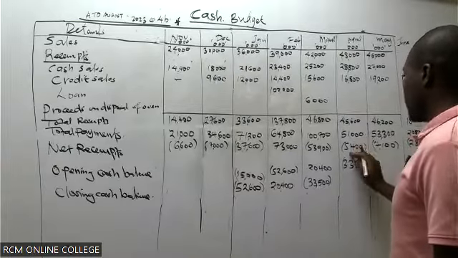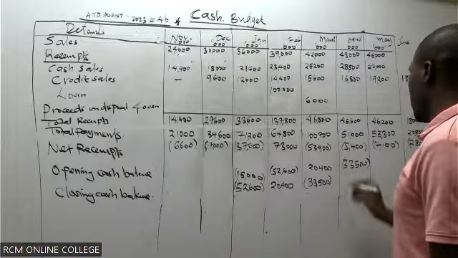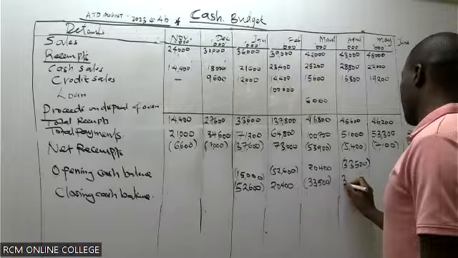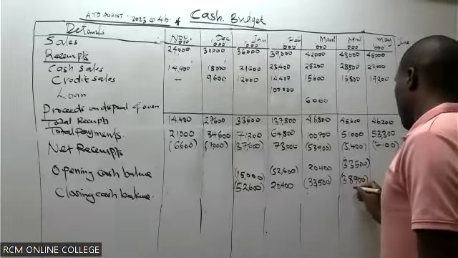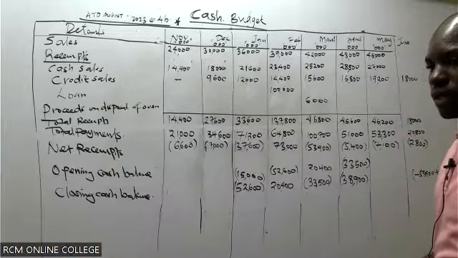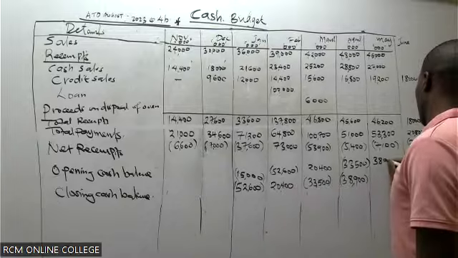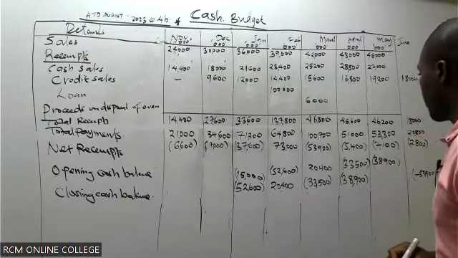I have another negative, so it means the negative will automatically increase. When the negative increases, what will I have? Wacha nione chenye watu watapata. What are you getting?